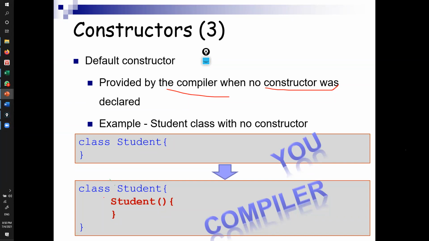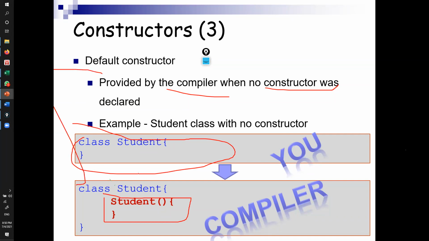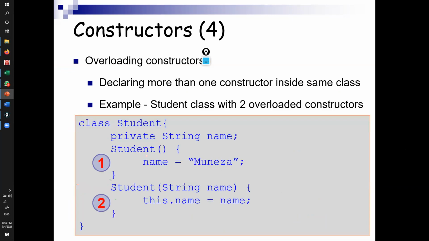You write your program like this one, but the compiler will treat it as you can see here. So it has the default constructor. Look at this as your code and look at this as what the compiler has. If you don't specify any constructor, the compiler will create the default constructor.